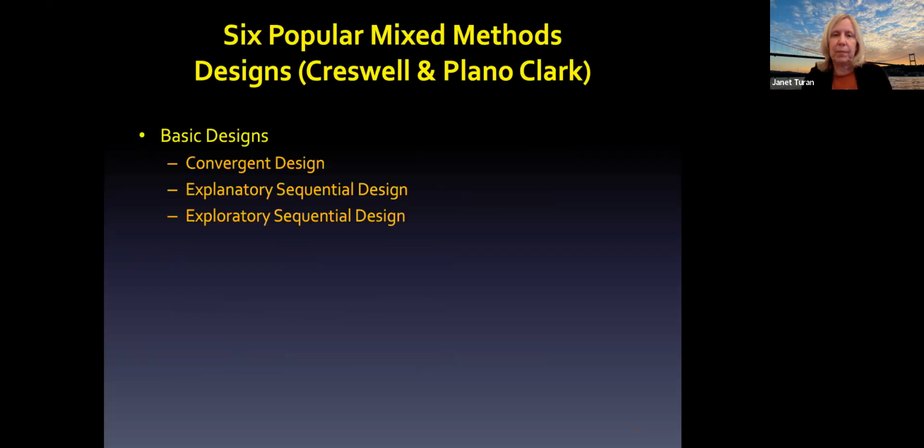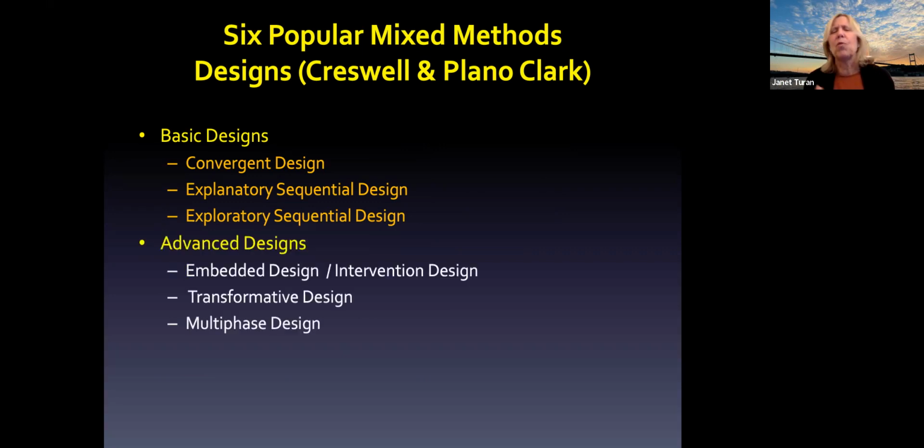So there are some basic designs that are used in mixed methods research. And I'm really just going to talk today mainly about these three basic designs. There is a convergent design, or sometimes it's called a convergent parallel design. There is an explanatory sequential design, and also an exploratory sequential design.